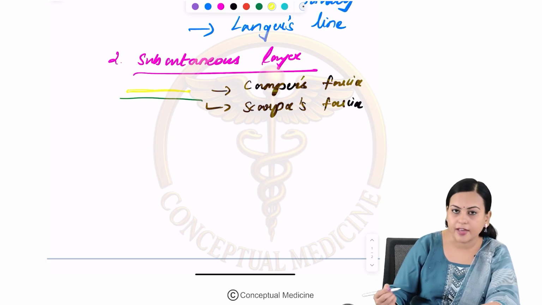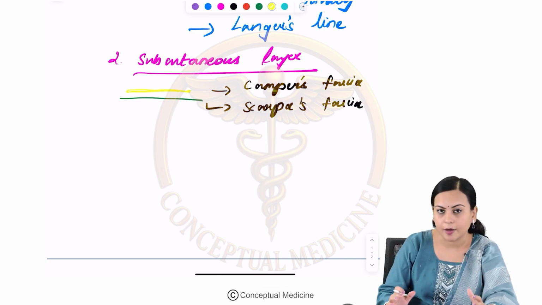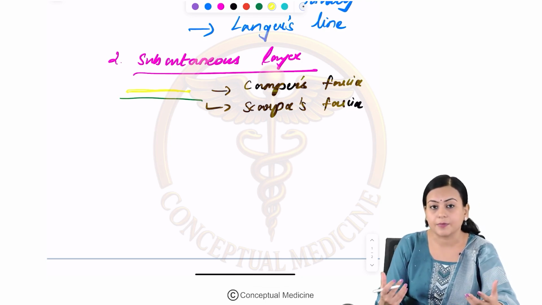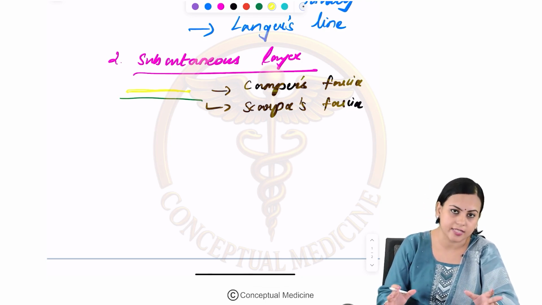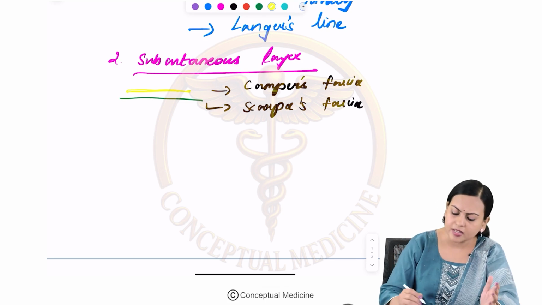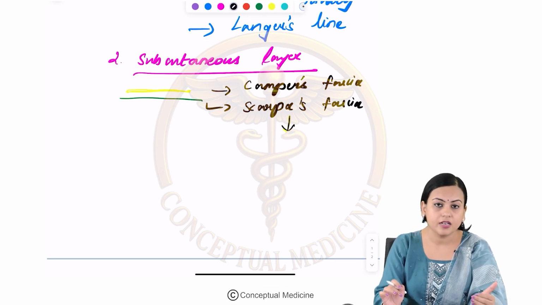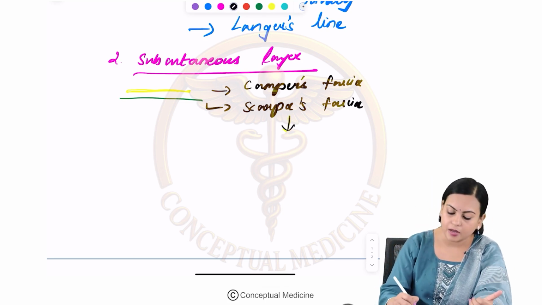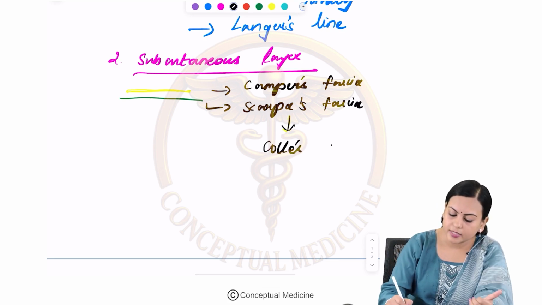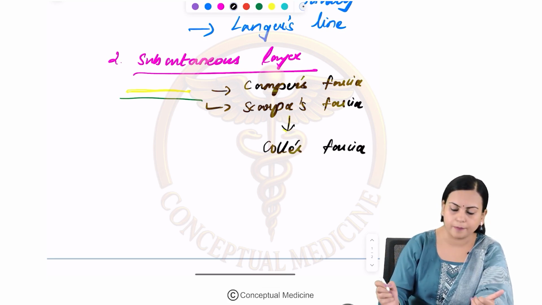Now, the superficial fatty layer is not present only in the abdomen, it also extends onto the perineum to give fatty substance to the mons pubis as well as the labia majora. Whereas, the Scarpa's fascia will go down to the perineum and be called as Colles' fascia.